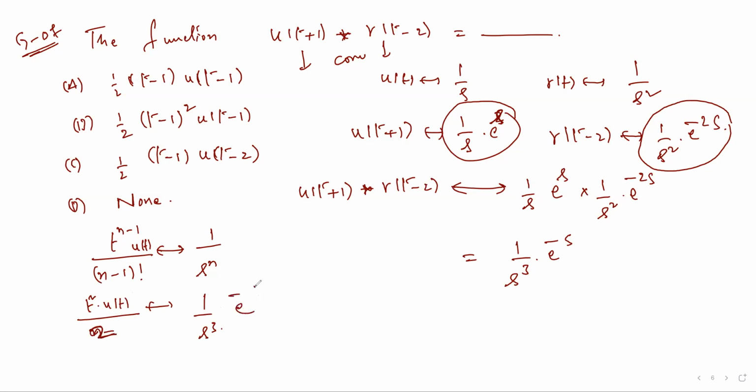And here e to the power of minus s is multiplied, so correspondingly shifting gives t minus 1 whole square u of t minus 1 divided by 2. That is the inverse Laplace transform of this. So t minus 1 whole square u of t minus 1 by 2 means option B is right.